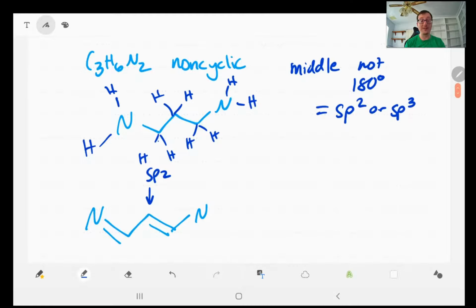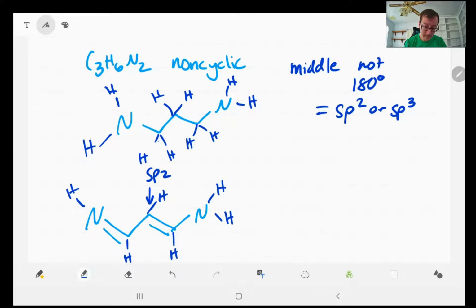And we're going to see we can come up with structures where either one is the case. In this case, I'm putting it as sp2. If I put my hydrogens on, we're going to see we indeed have 6. So putting two double bonds in this molecule will get rid of 4 of those hydrogens. We end up with 6 overall at the end. We have our middle carbon as sp2, so we are good. That's one way to do it.